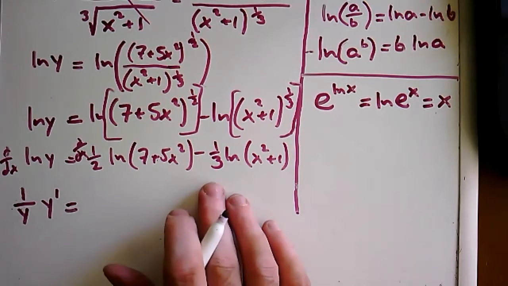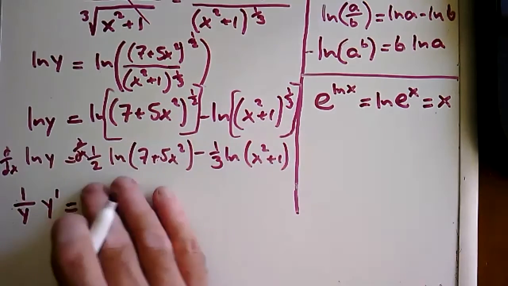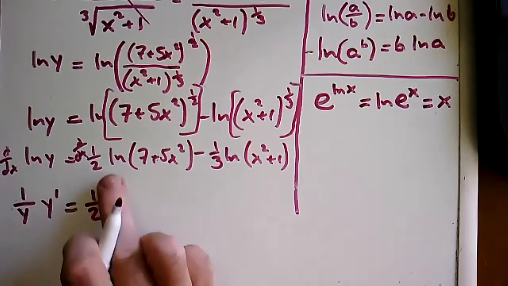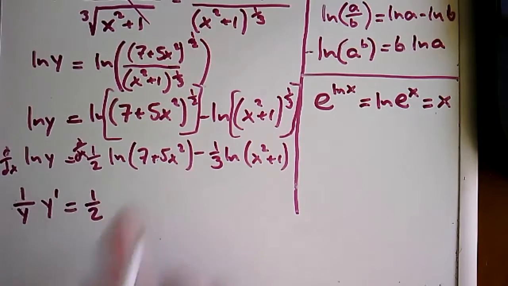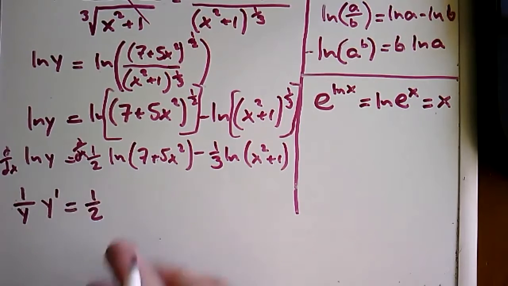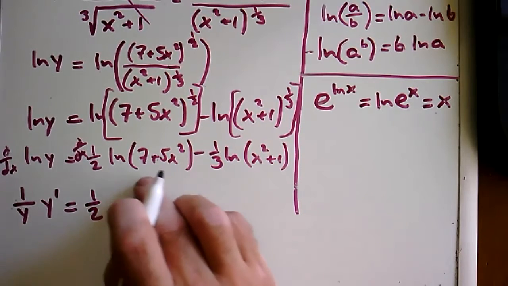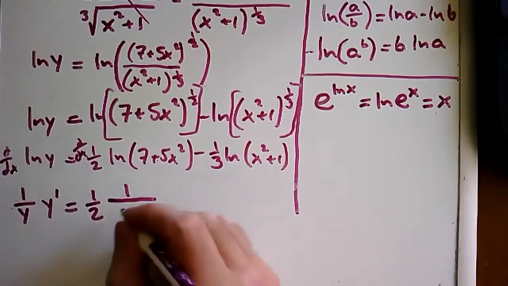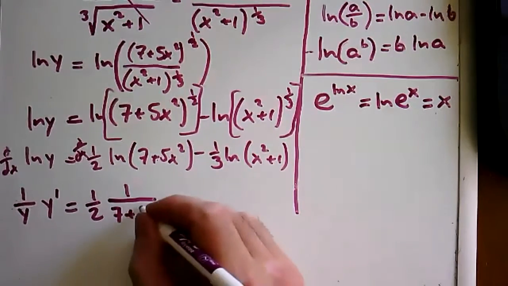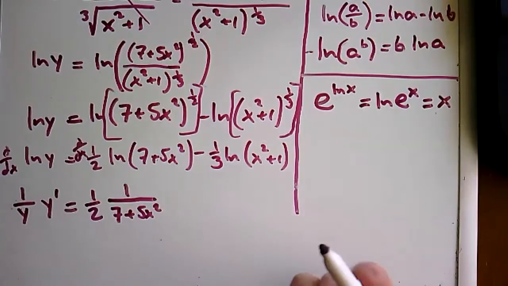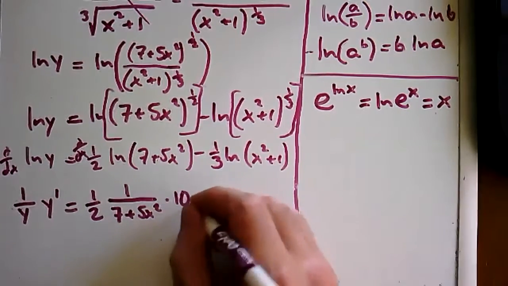Now on the right-hand side, taking d/dx of each of these terms. I'll have 1/2, and this is a chain rule situation. I'm not just taking the derivative of natural log x, I'm taking the derivative of natural log of 7 plus 5x squared. So we get 1 over u, so 1 over 7 plus 5x squared, and we multiply by the derivative of the inside function, so multiply that by 10x.